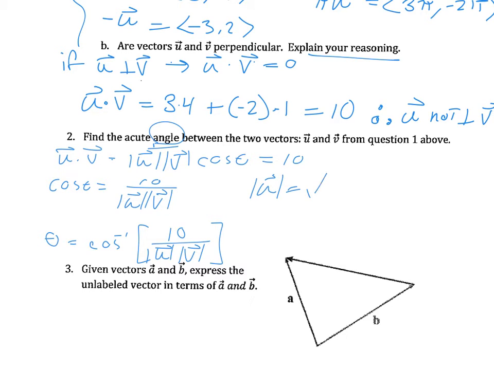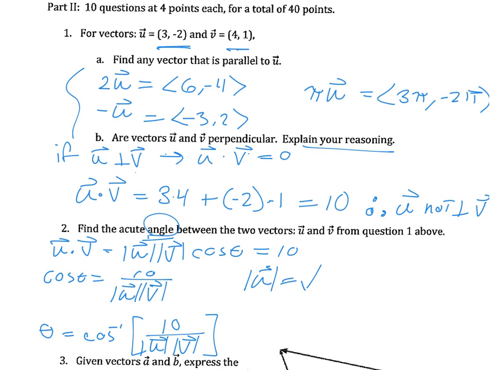In this case, we'd be doing the square root of the components of u squared. 3 squared plus 2 squared, which equals the square root of 13. And the magnitude of v, Pythagoras again, 4 squared plus 1 squared, the square root of 17.